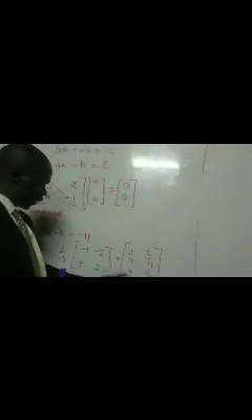So we are now going to pre-multiply by the inverse. In other words, you write the inverse first. That is 1 over 11, 2 over 11, 4 over 11, and -3 over 11.